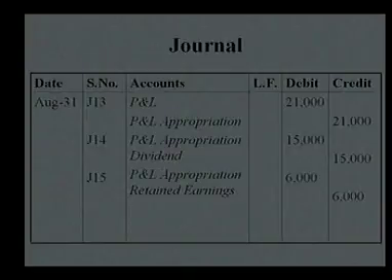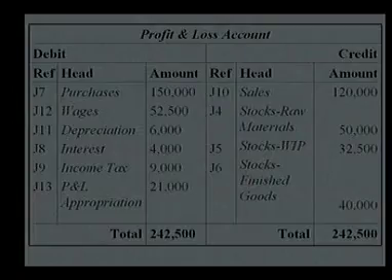So this is how it has been recorded under debit and credit side, and now these things again are to be taken to T accounts, respective T accounts. Now from profit and loss appropriation value, you will try to see the last line J13. Now the profit has been replaced with profit and loss appropriation.